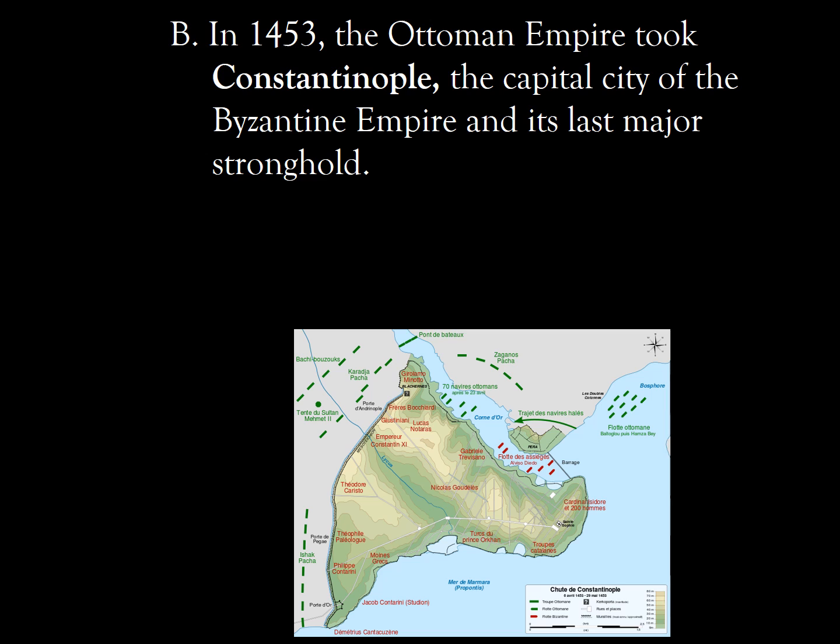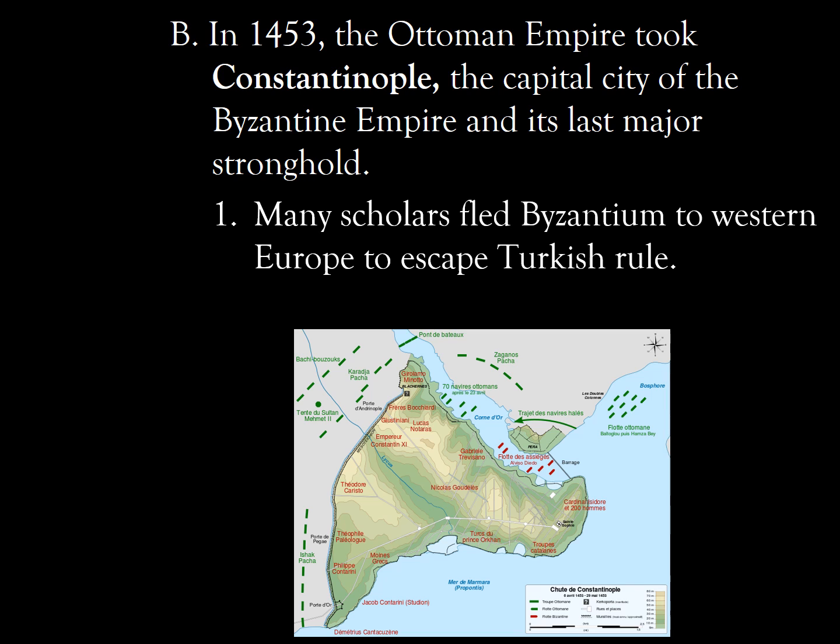Now that the Byzantine Empire fell, however, a byproduct of that would be that many Greek scholars who had specialized in the old ancient Greek texts will now flee Byzantium as it's falling and move into Western Europe. They travel along the trade routes through the Mediterranean and land in Italy.